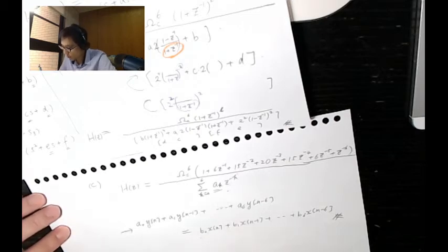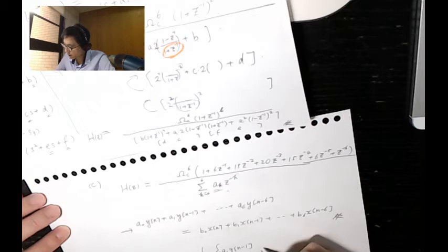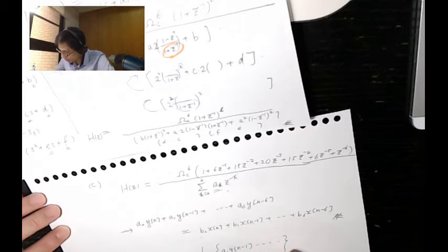This sample of output can be expressed as follows: you move a0, 1 over a0, to the right hand side, and everything here is going to be minus a1 y of n minus 1, and so on, all with minus signs, plus b0 x of n to b6 x of n minus 6.